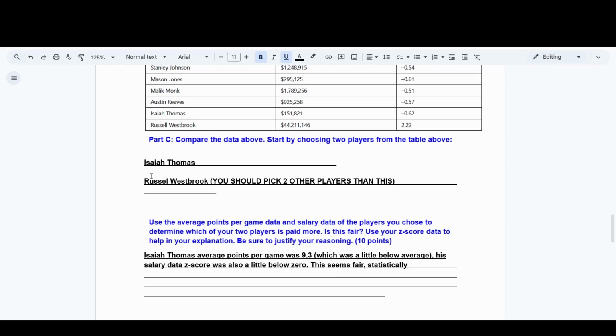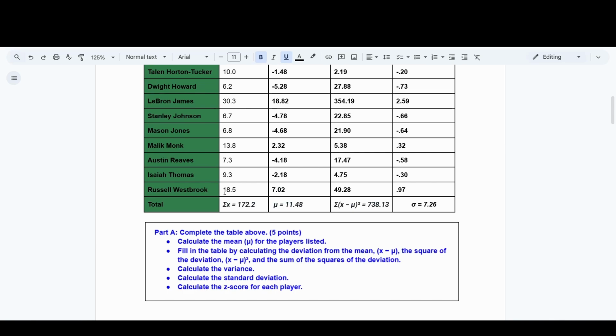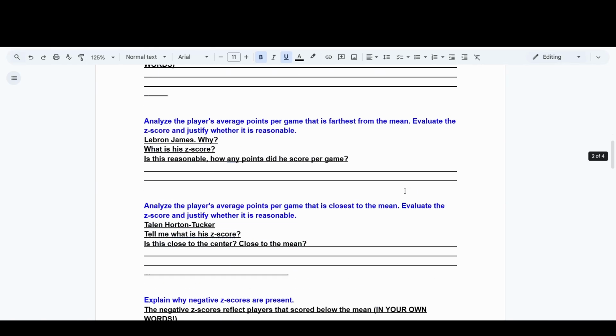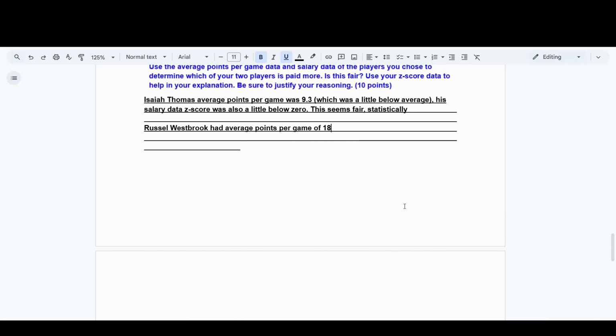And our other player was Russell Westbrook. So let's look at his average points per game. He had 18.5, a z-score of almost 1, at 0.97. This was above average.